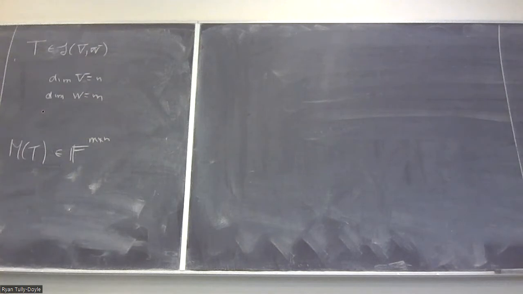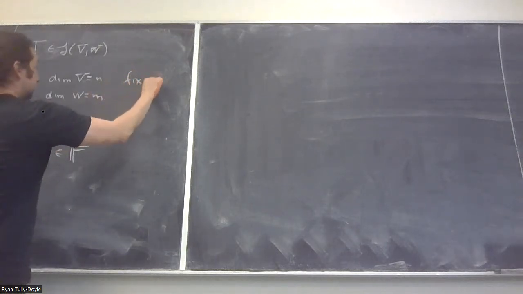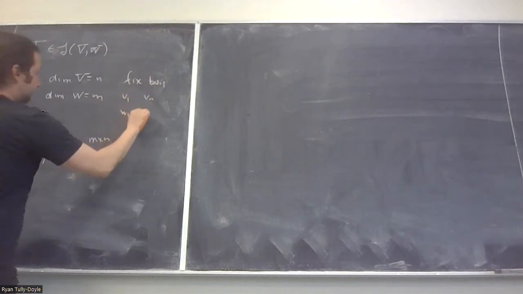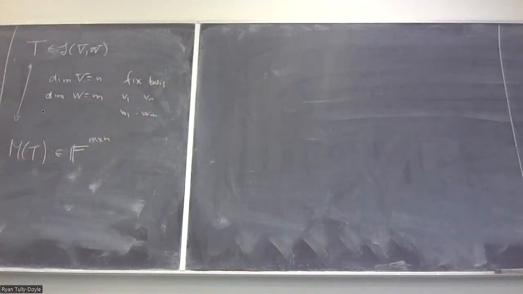This relationship from T to the matrix of T is an isomorphism once you've chosen a basis. If you fix a basis v1 to vn and w1 to wm for V and W, this is a one-to-one correspondence. Every map corresponds to a unique matrix, and every matrix corresponds to a unique map.